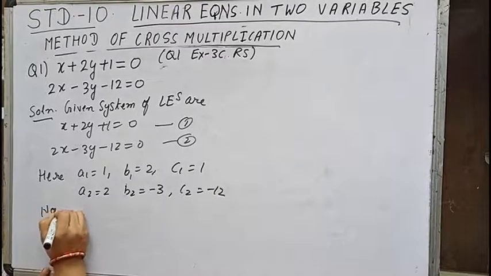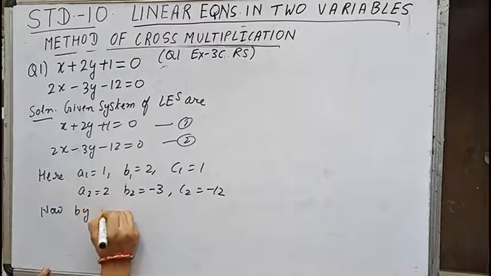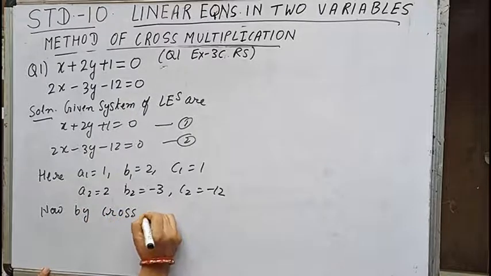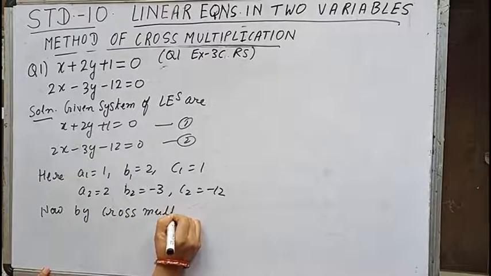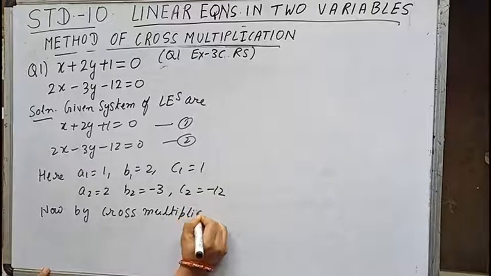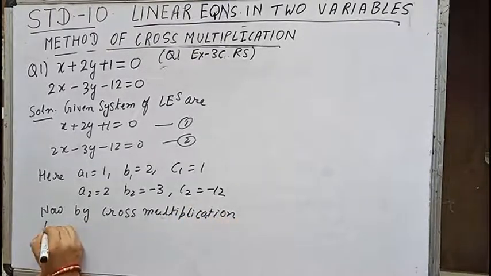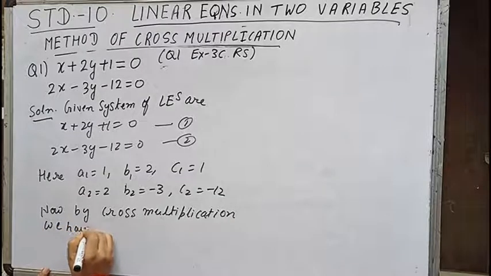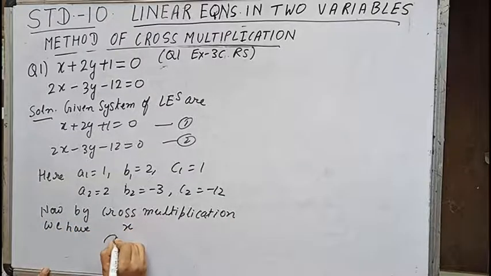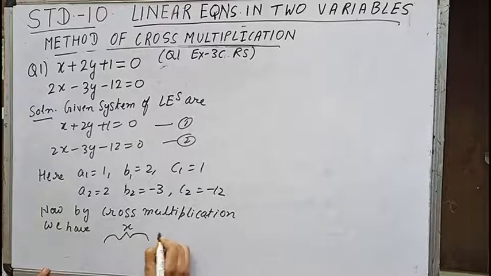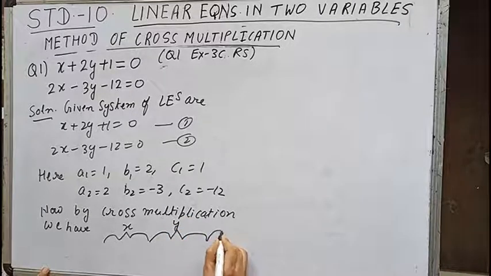Now by cross multiplication, we have x, y, and 1.